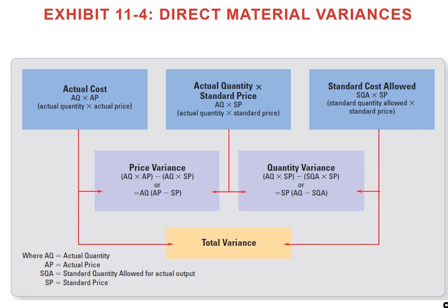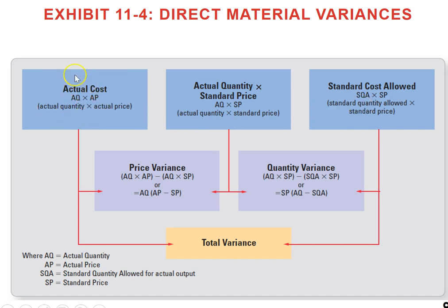So here you need to find out the price variance and the quantity variance of your direct material, and you need to know some formulas. But I'll give you some tips on how to remember all these formulas. So you basically will have these three boxes. That's what I personally prefer to use. Three boxes.